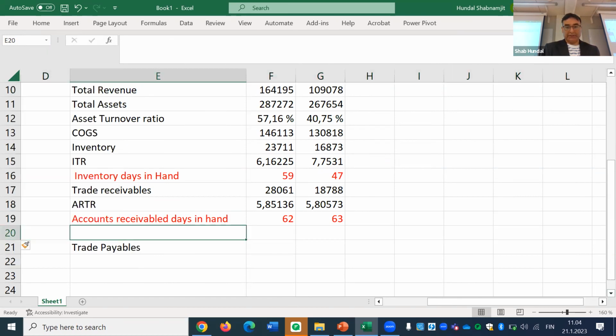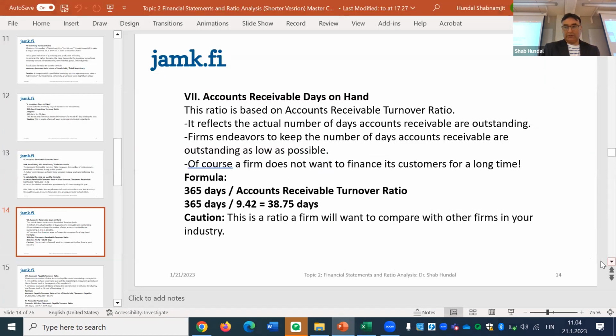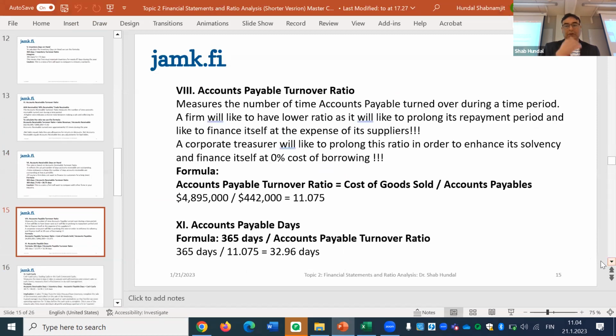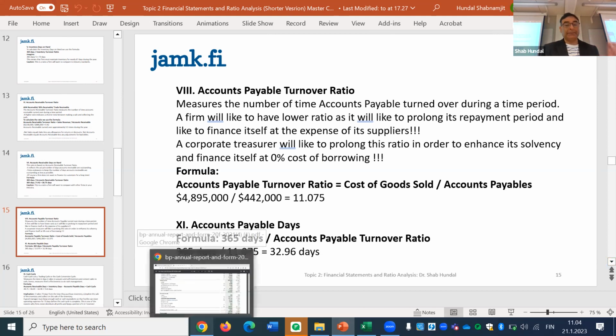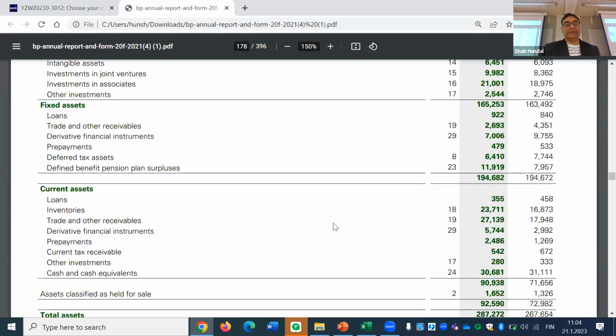You need cost of goods sold, which you have, but you need the figure of accounts payables. And because accounts payable is a liability, it should be in the balance sheet, most likely in the current liabilities usually, but it could be in the non-current liabilities also, because sometimes you pay the supplier beyond a year.